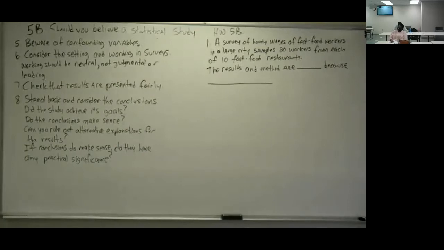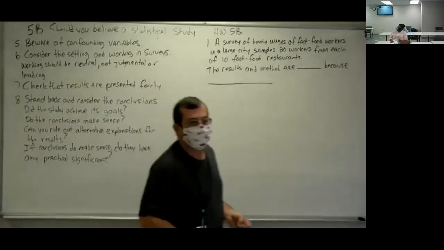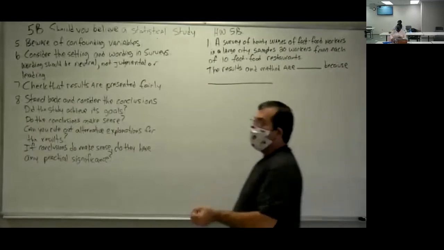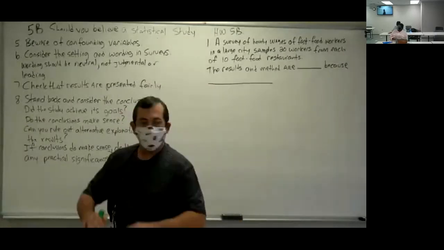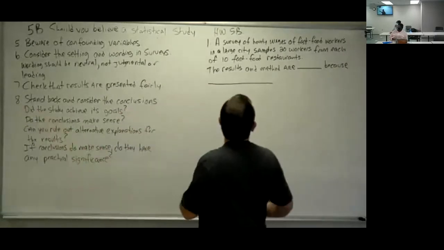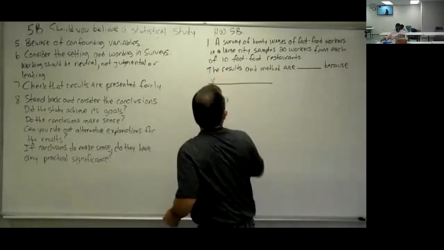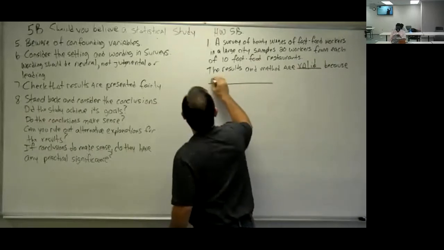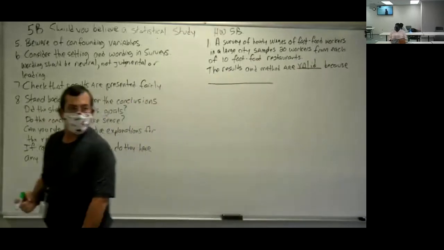So you consider this valid or invalid. They're taking 10 restaurants, and from each of those 10 restaurants they're surveying 20 workers. So overall, you've got a fairly large sample size of 200 people, right? So that would be considered valid, right? Valid. Okay.